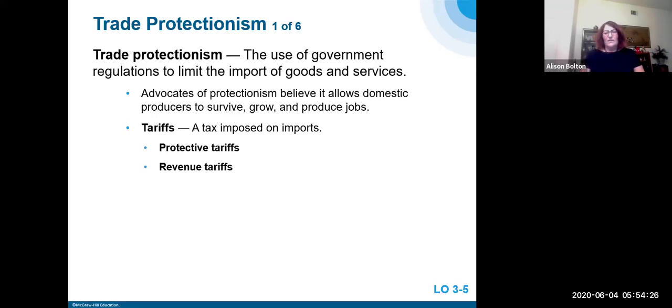So what happens is that they impose tariffs, and we have different kinds, protective tariffs and revenue tariffs. Protective is to slow down the product itself, and revenue is to control the money. We see this with China a lot. They get a lot of tariffs, more than anyone.